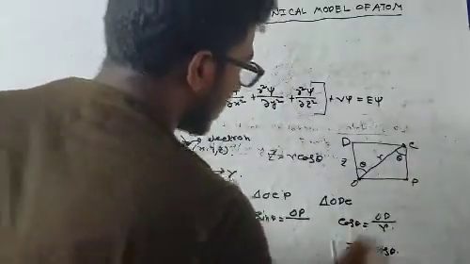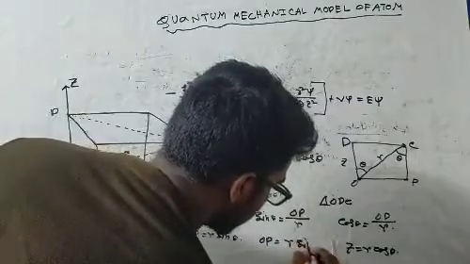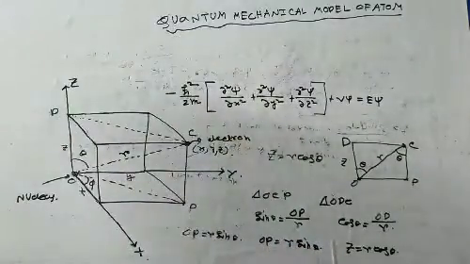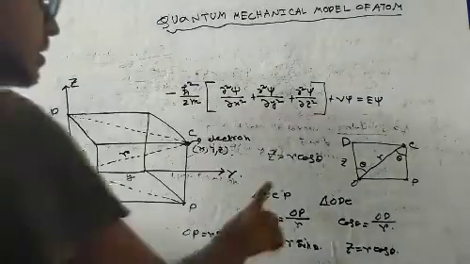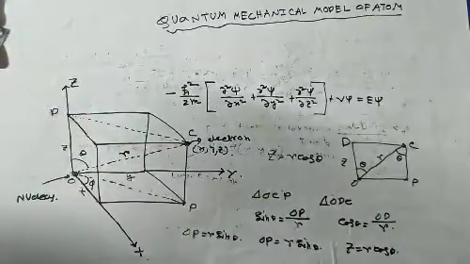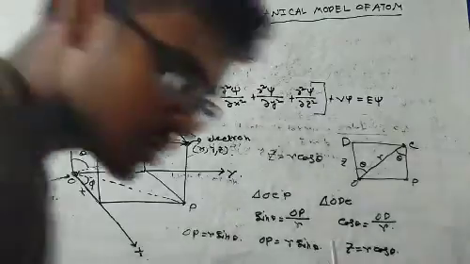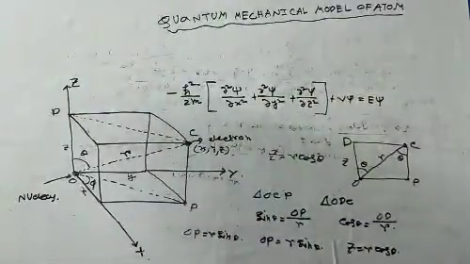OP is the perpendicular and r is the hypotenuse. So OP equals r sine theta. What we are getting up to this is z equals r cos theta and OP equals r sine theta.